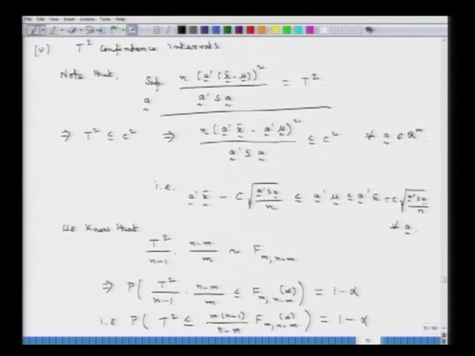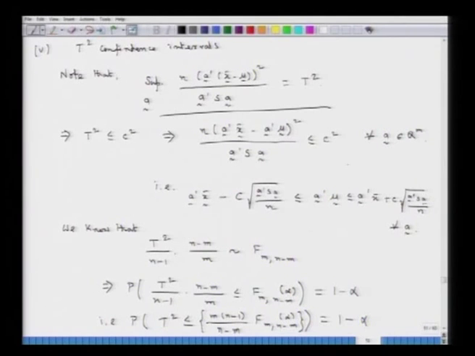Now, why have we written this particular fact and reduced it in this form? What we are trying to see is the probability of the event that T squared is less than or equal to c squared, which we desire to be equal to 1 minus alpha. Hence if we choose c squared to be equal to m times n minus 1 by n minus m into F(m, n minus m, alpha), then the probability that T squared is less than or equal to c squared is equal to 1 minus alpha.